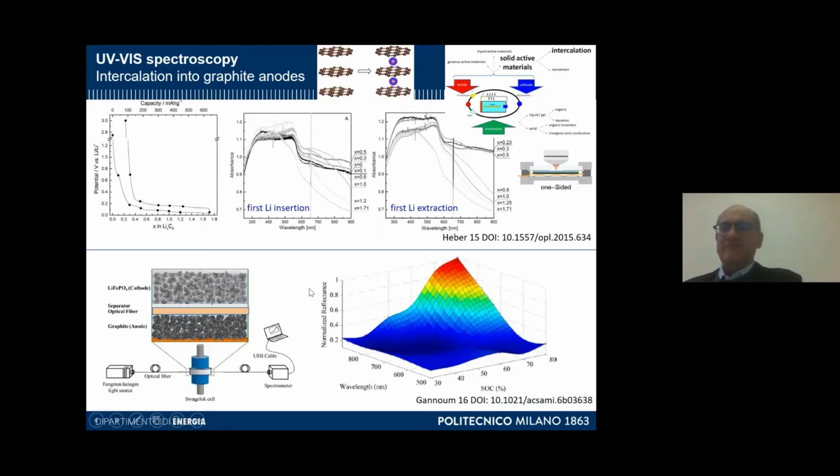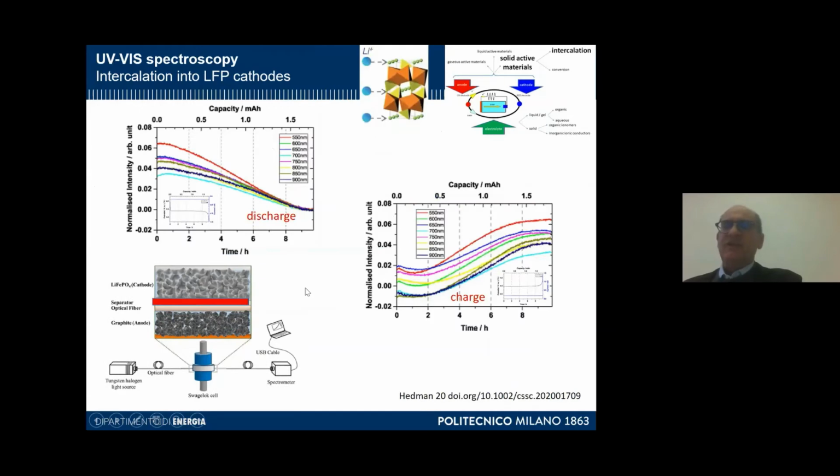And with a similar optical fiber-based approach, placing the optical fiber in the cathodic active layer of the material, we can see the visible spectral response of the cathode material, in the case of this example, again the lithium iron phosphate cathode.